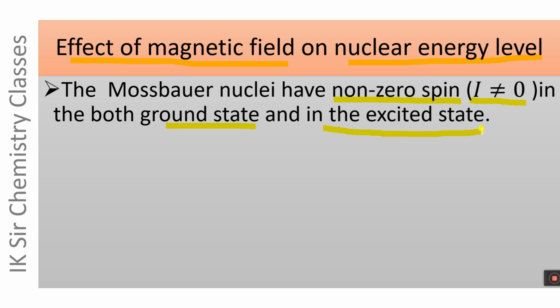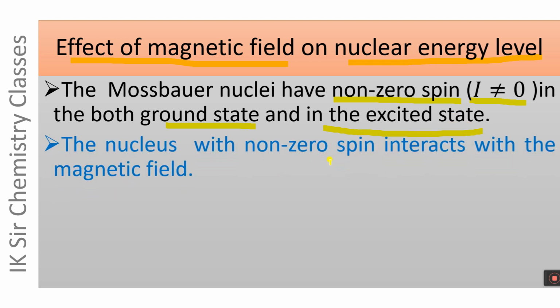It means in both ground state and excited state, the nuclear spin of a Mossbauer nucleus is not equal to 0, and the nucleus with non-zero spin interacts with the magnetic field.